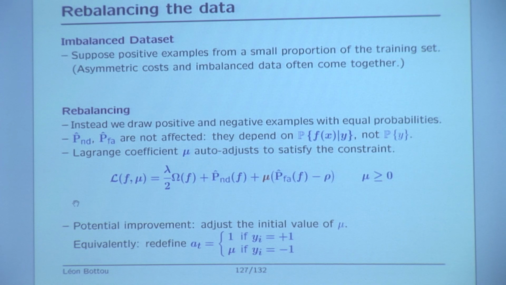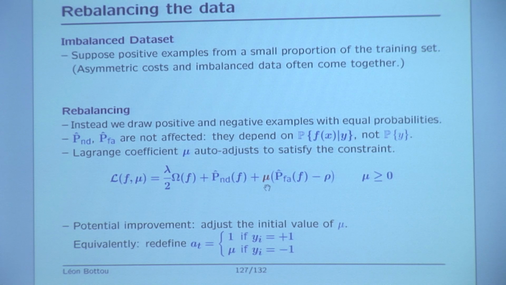And the way it's going to work is that if you look at the Lagrangian here, you see that the two terms, probability of non-detection and probability of false alarm, are connected by this mu factor that's going to be adapted. We're going to adapt mu to ensure the probability of false alarm is less than rho, which is predefined. So if you optimize that way, it's just going to work. You can rebalance the positive and the negative with that formulation, and it's going to work. And if you rebalance positive and negative, you're going to go a lot faster empirically.